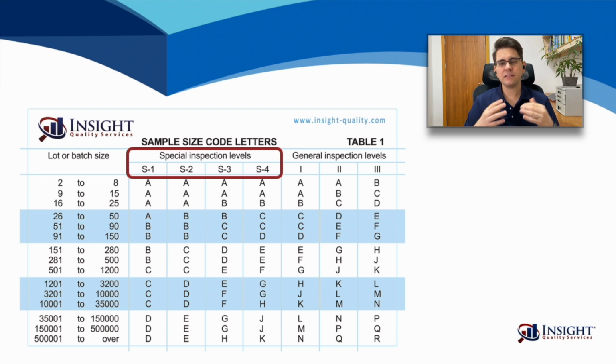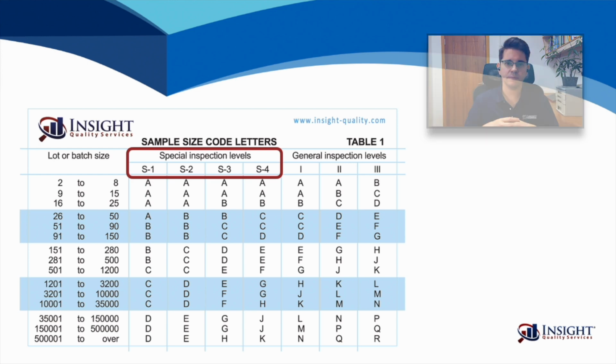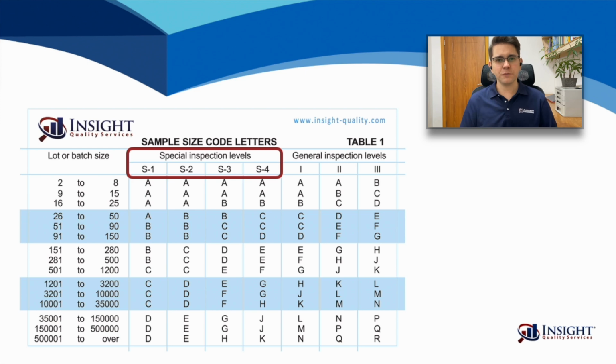And at Insight Quality, we tend to use S1 for tests that are more destructive. And for things like function tests, we might often use S4. But when you're deciding which ones to use, it really comes down to the specifics of your product and your situation. So I hope this was informative for you.